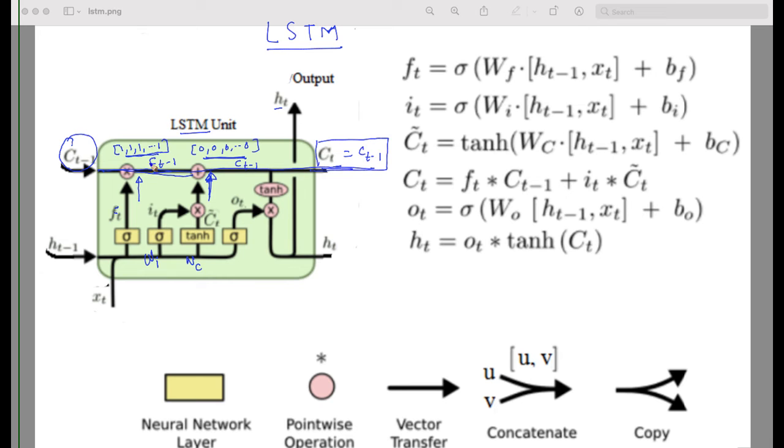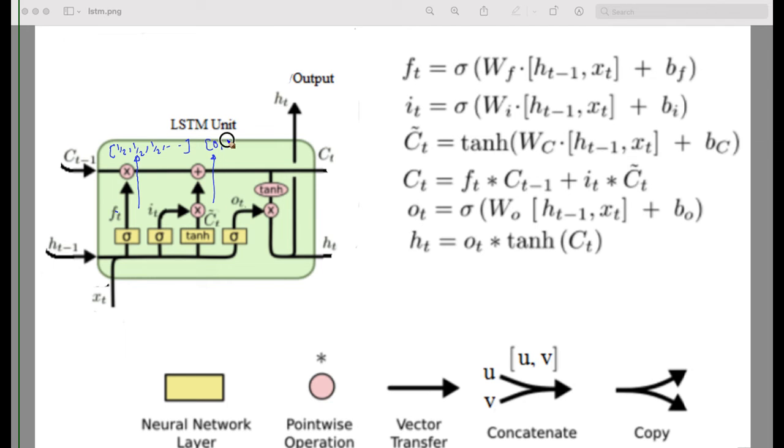Now the other point is, let's say these are all half, so the input coming from here, FT, is all halves, and the other input is again all zeros.